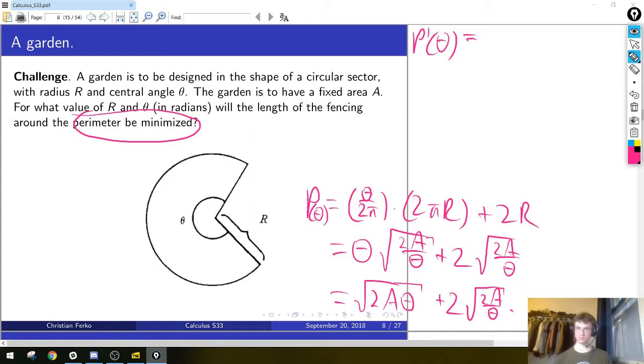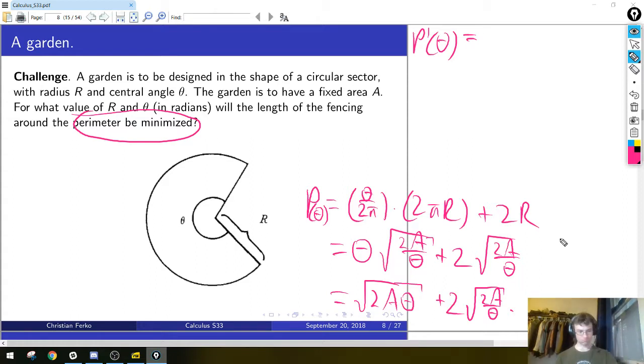Wait, what did I miss? So if we have this function p of theta, the sum of two terms, what's the derivative with respect to theta? Alright, we're going to chain rule again. Yeah. Nice.